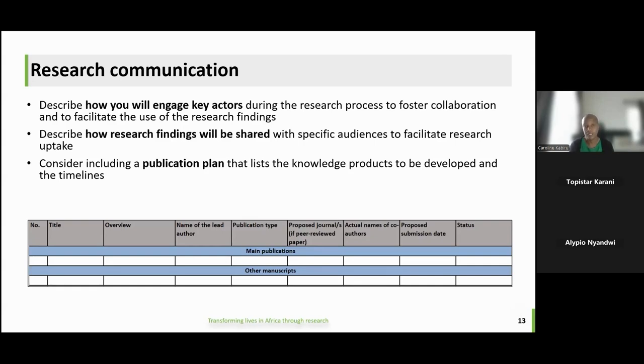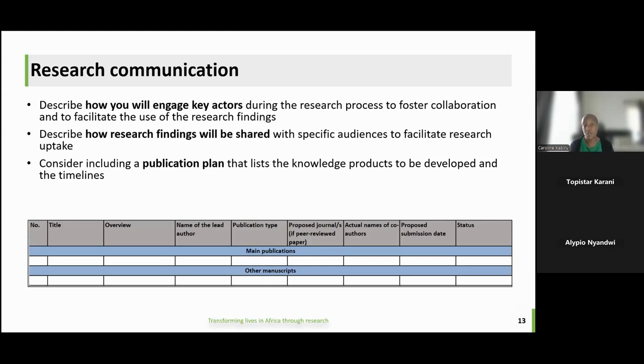So if they're part of the design of the study, if they're involved in co-creation, if you inform them about the study and what you're hoping to get, then they can already see that, yes, you're considering their thoughts and perspectives even as you design the study.